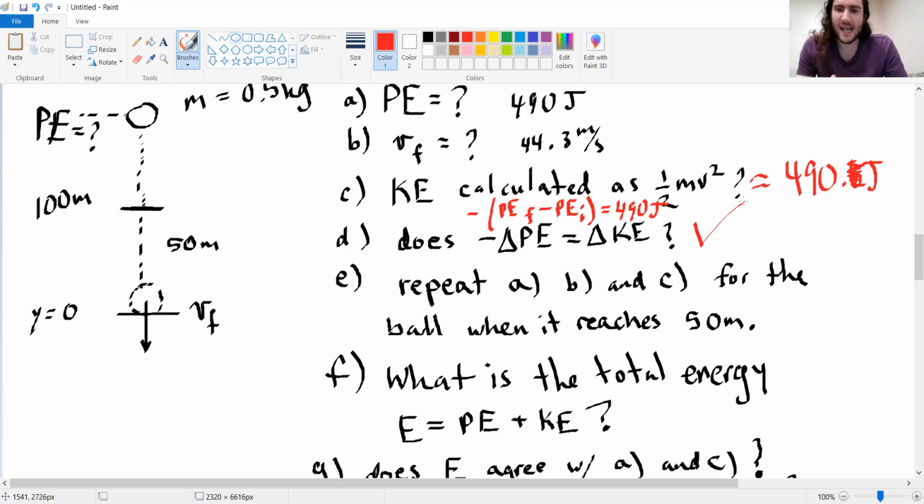Question E: repeat A, B, and C for the ball when it reaches 50 meters. So what happens in this case? Its potential energy at 50 meters is going to be how much?